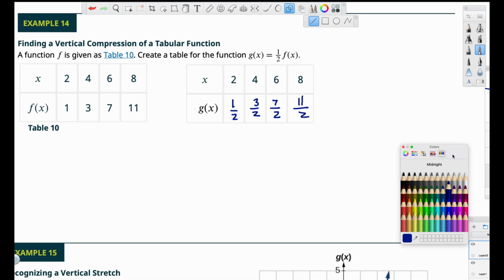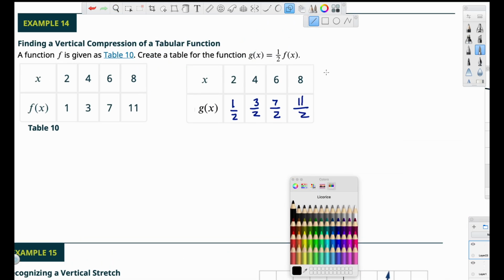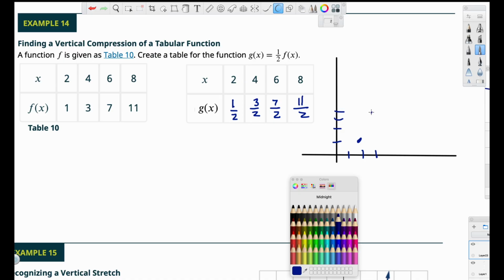So maybe I'll take it one step further here. Let's say I have this graph right here. I'm just plotting this first table right here. This is f of x.